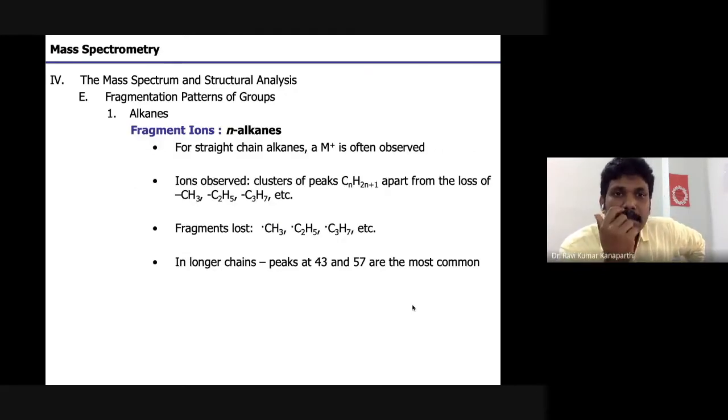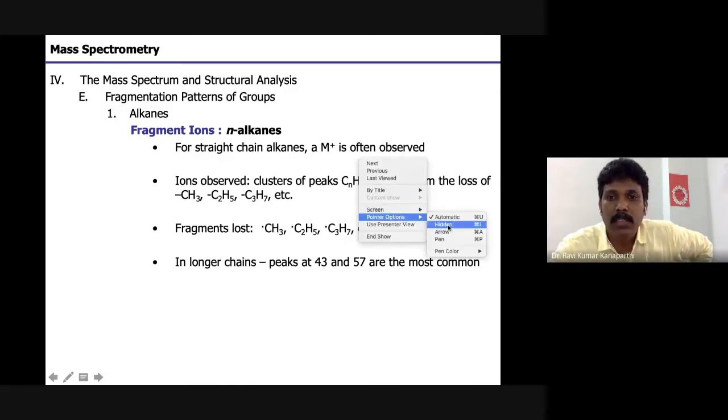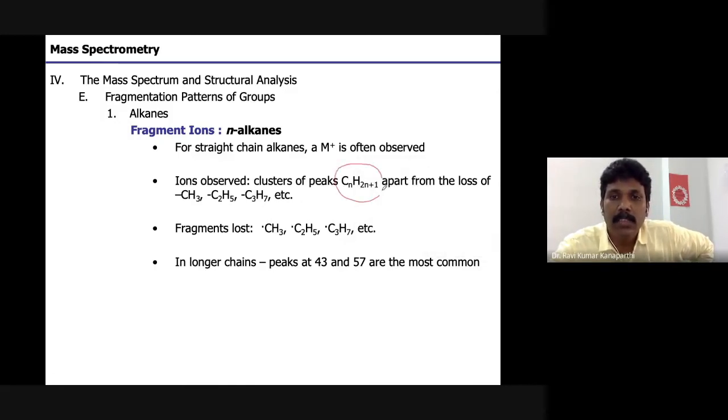In the case of n-alkanes, the ions we see, the fragmented peaks, will obey the general formula CnH2n+1. This means you will see peaks for methyl, ethyl, propyl, butyl, and so on.